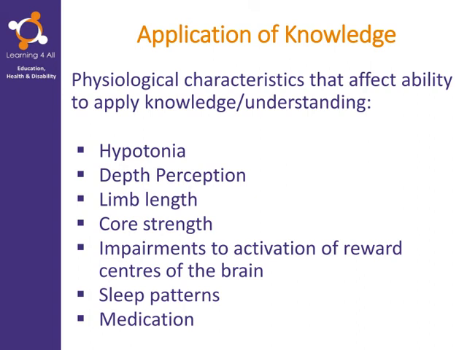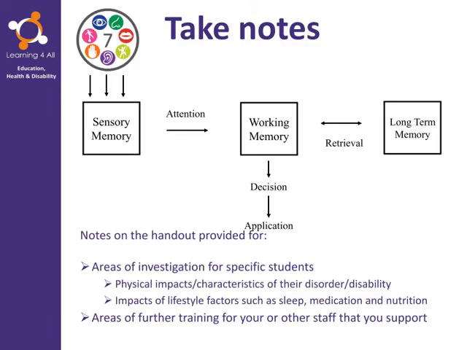I often find that we're asked to work with staff who have a student with a disability in their class, and there are things about that student's disability that they're not aware of and don't understand. It's really, really important that you spend some time looking into what are the impacts of that disability on that student's learning, but also the physical characteristics. We frequently get asked to support students who have Down syndrome.